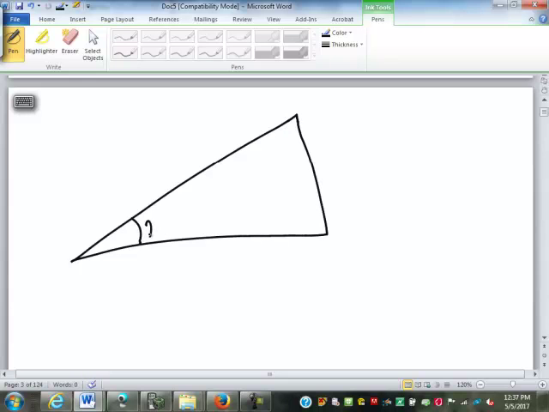So if this angle here is 24 degrees, and this here is 53 feet, and this is 51 feet, in your notes, find the area of that triangle for me.